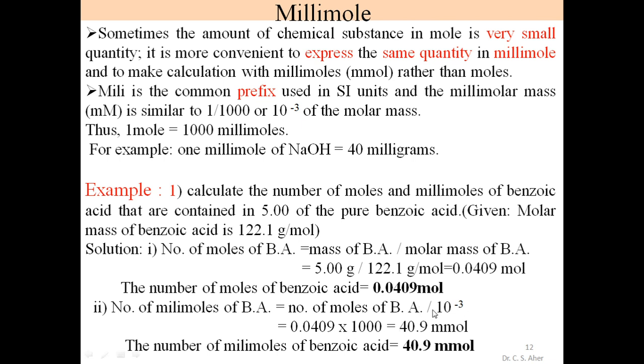That is, if you take it to the numerator, it becomes multiplying by 10 raised to 3, that is 1000. So this molar quantity into 1000, just as we saw that 1 mole is equal to 1000 millimoles, is equal to 40.9 millimoles. And thus the number of millimoles of benzoic acid is 40.9 millimoles.